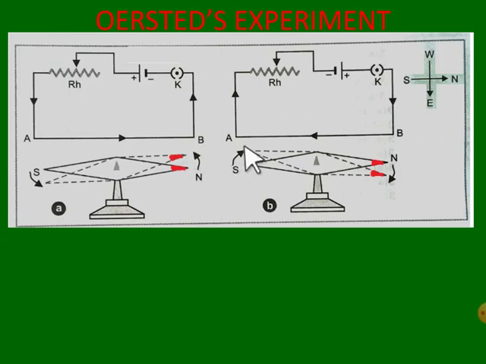The deflection of the needle is found to be in the opposite direction on reversing the direction of the current, by reversing the polarity of the cell as shown in this second figure. The deflection of the magnetic needle changes with the strength of the electric current.